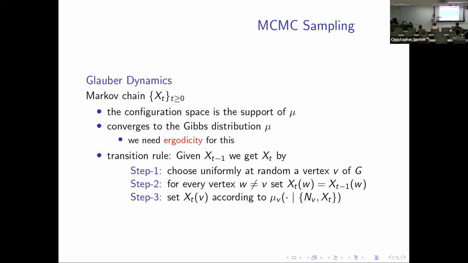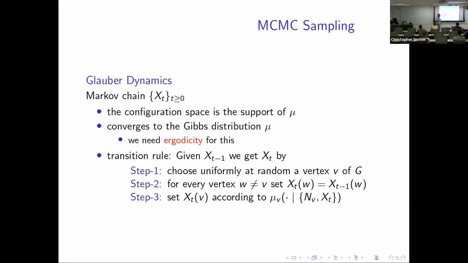Of course, we need to have some technical condition here, which is called ergodicity. But this condition is trivially satisfied, at least for the hardcore model and the Ising model, so convergence is never an issue here. What is the transition rule for Glauber dynamics? Suppose that at time t minus 1 we are at configuration X sub t minus 1.